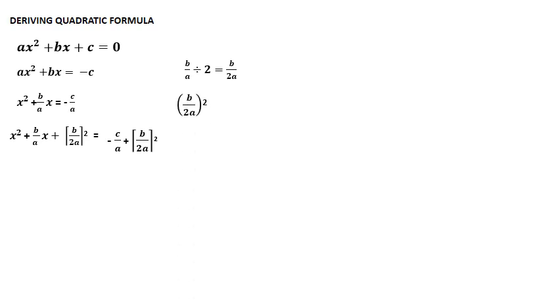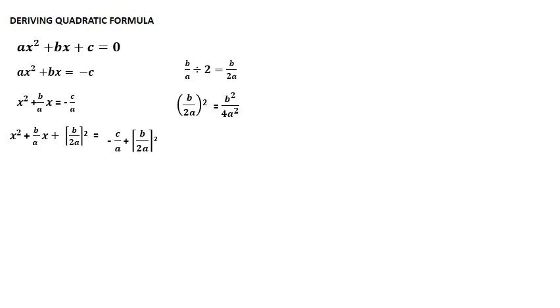Then b over 2a squared becomes b squared divided by 4a squared. On the left side we leave it the way it is, but on the right side, where we have minus c over a plus b over 2a squared, is where we are supposed to expand.